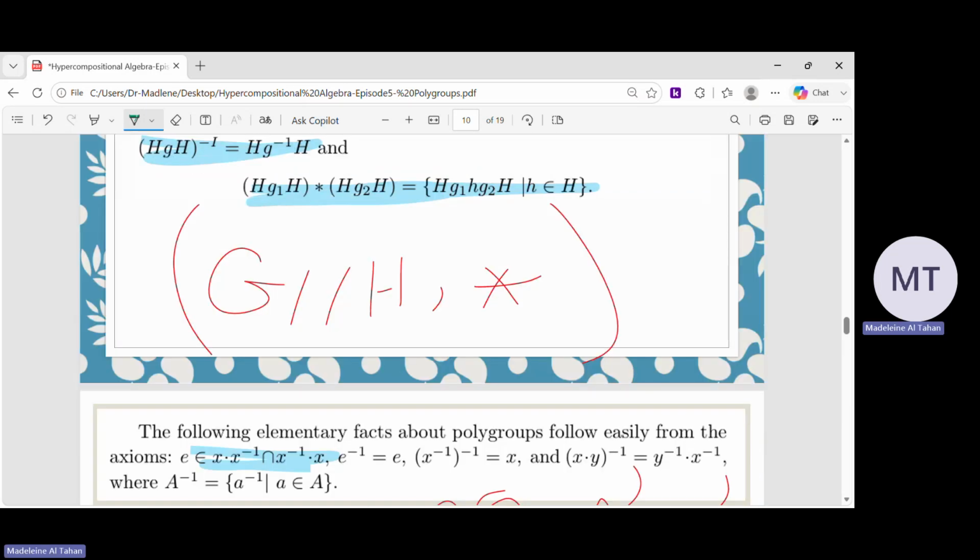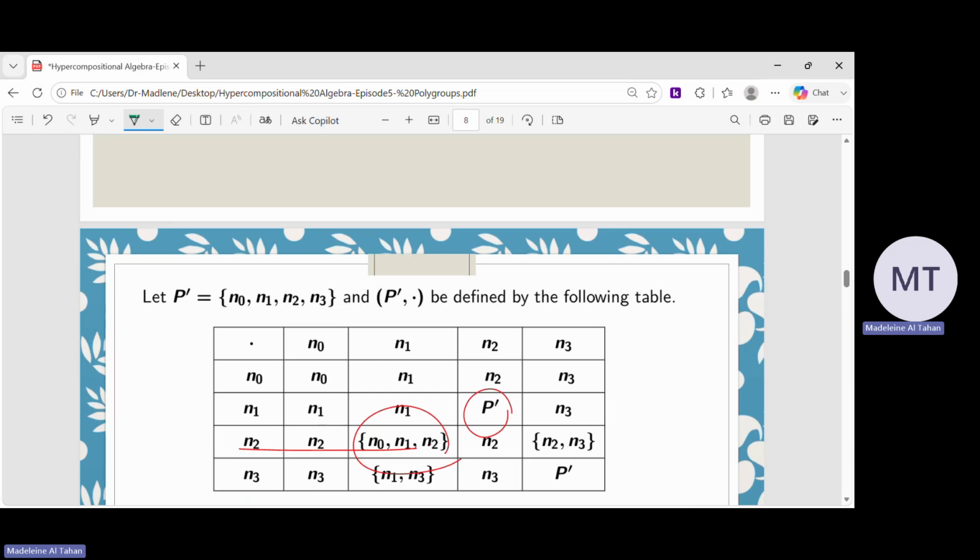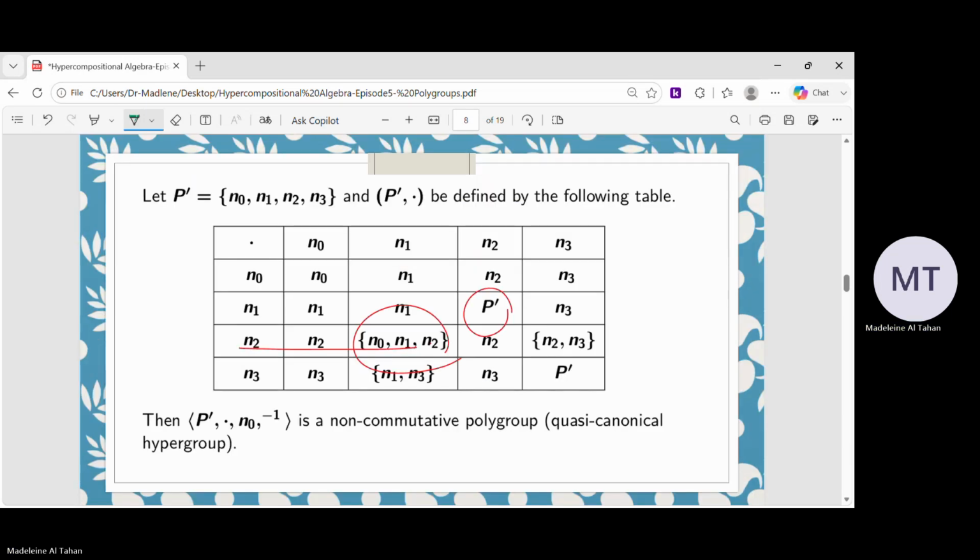Let's try something else. You can try this one as well. So N0 only is a subpolygroup. What about N0 with N1? Also, it is a subpolygroup. Now, if I insert N2, N0 with N2 as well.